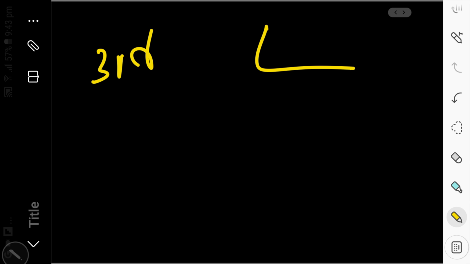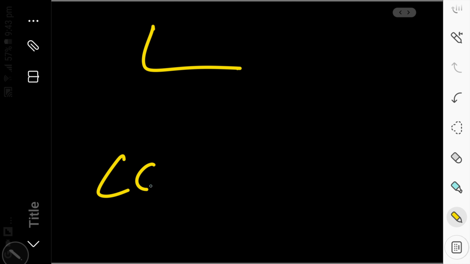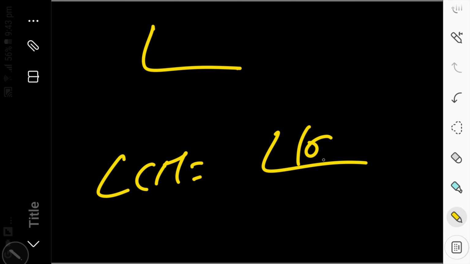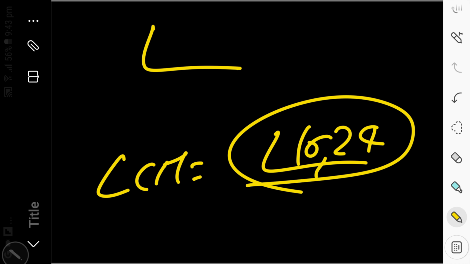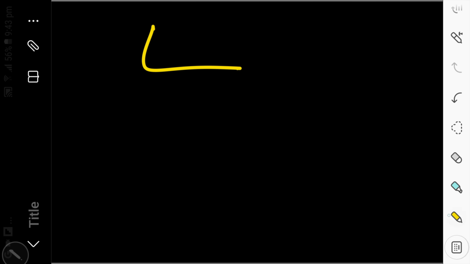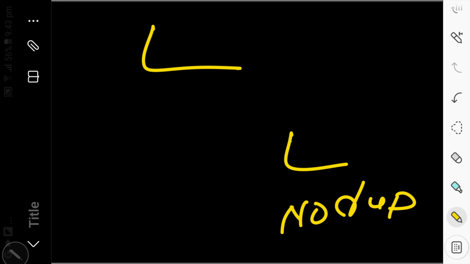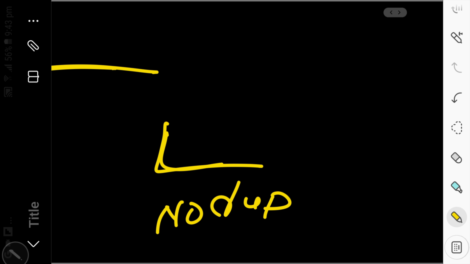But here, in LCM we added this number in 1 because it would give no duplication, while dividing using this dividing method gives no duplication.